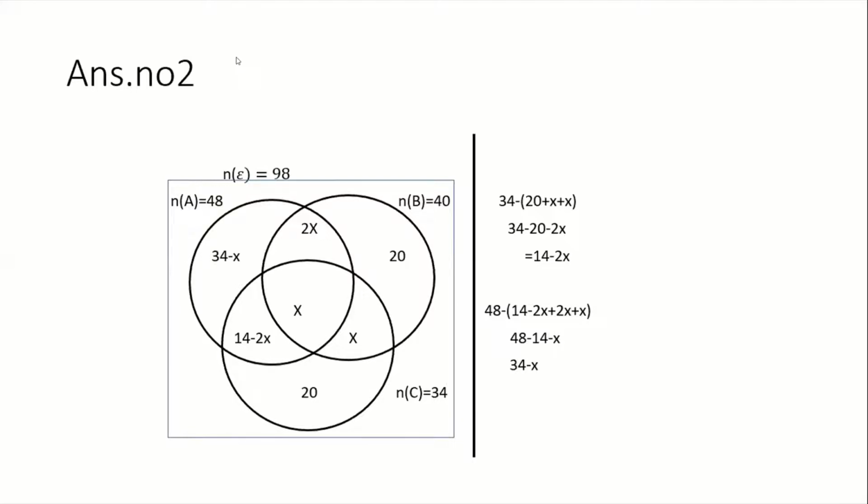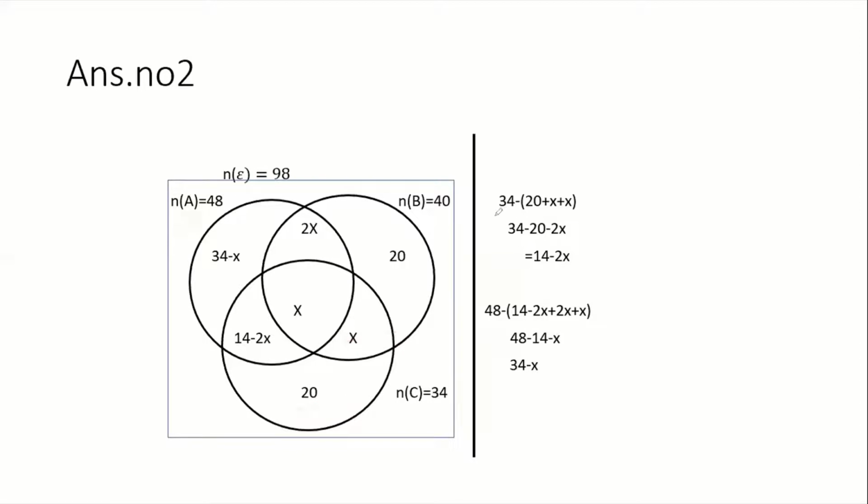About the 14 minus 2x: they did not give it to us, but we have 34 for the whole of set C. Remember, we were given x and 20.